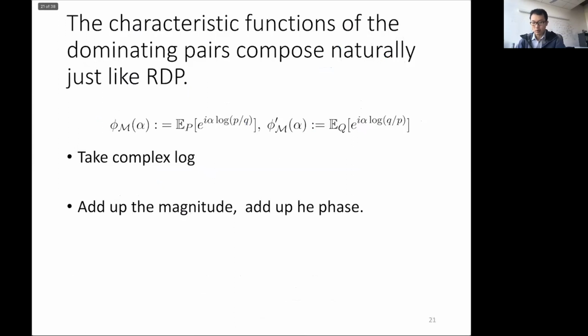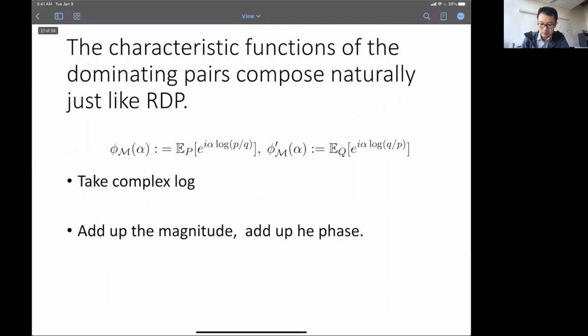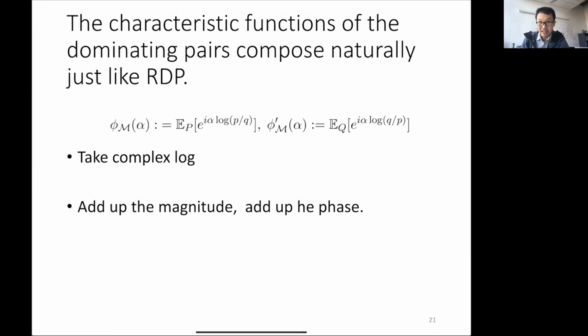So why is it better to use the characteristic function over, say, the density function or the CDF function of the privacy loss random variables? First of all, these are complex value functions, meaning that the output of these functions can be real or imaginary, or have a real component and an imaginary component.